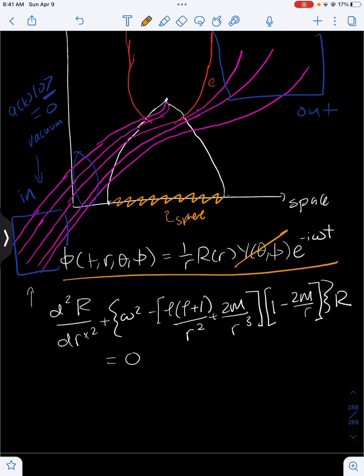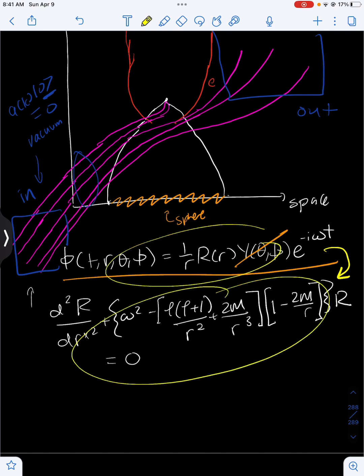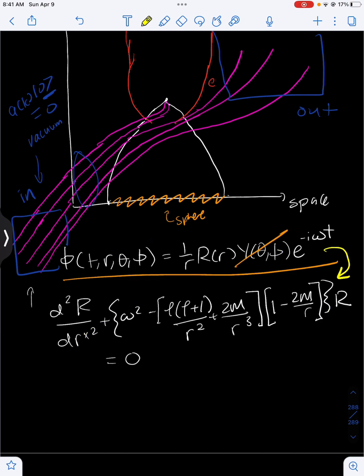And from here, we can solve the radial equation to find the form of the radial part of the quantum field. If you do not know how we get from this step to this step over here, I recommend watching my video on the radial equation. I think that's the video where I derived this.